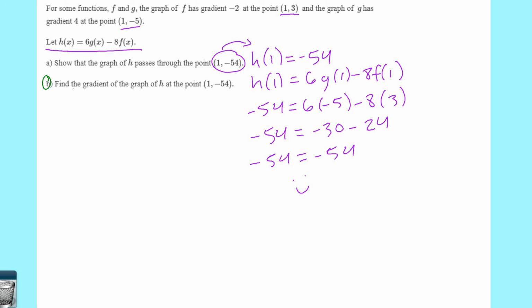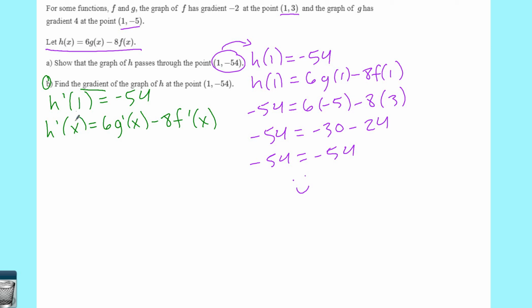For part B, find the gradient of the graph of h at the point (1, negative 54). So now we want the derivative of h at 1. I keep saying f, but it's the derivative of h. We know that the derivative of h is equal to this, and now we want when x is 1, so we're going to change all those x's to 1.